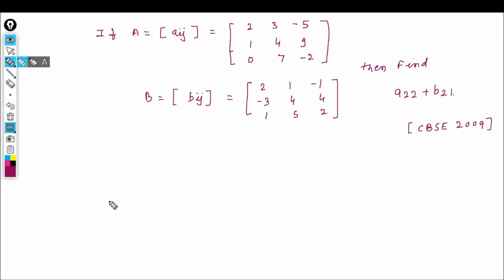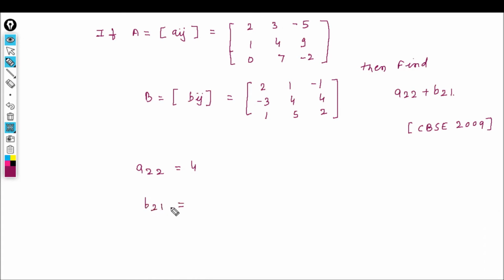So let us write बच्चों A22 इसका मतलब क्या है? Element of first matrix in second row and second column. देखिए first row second row तो ये A21 A22 is 4. उसके बाद में B21 is what बच्चों?